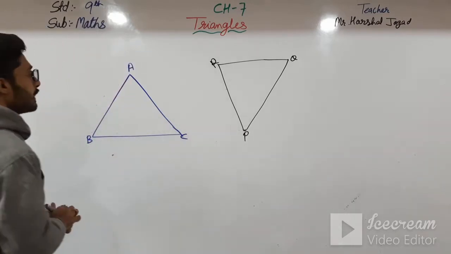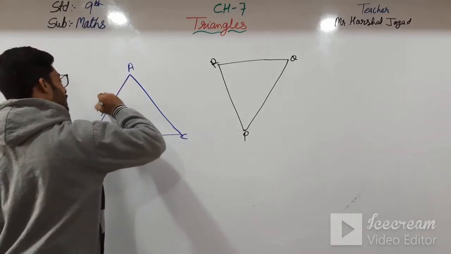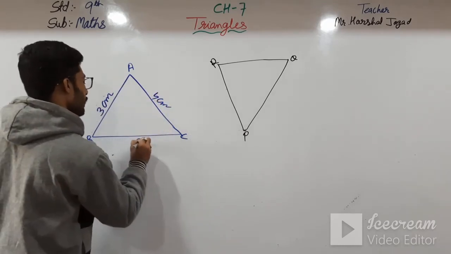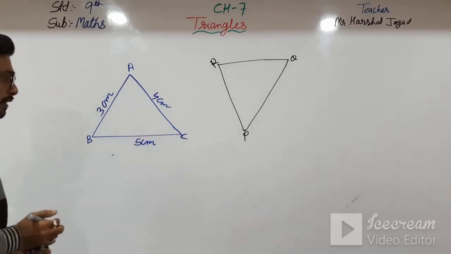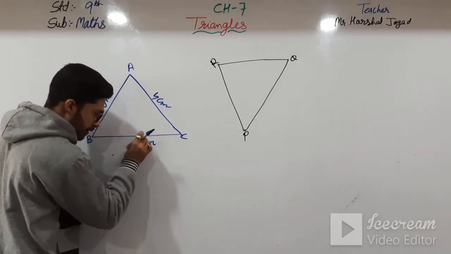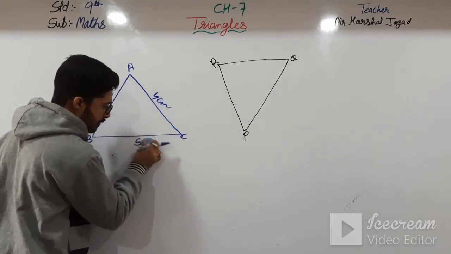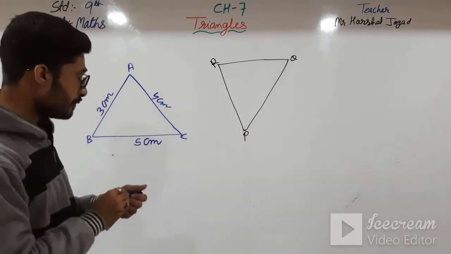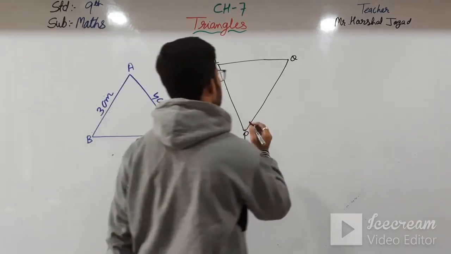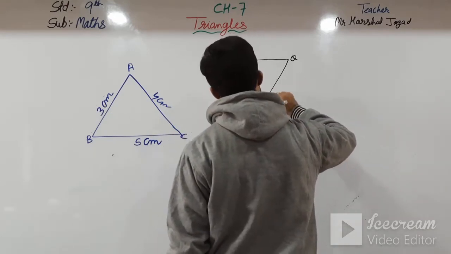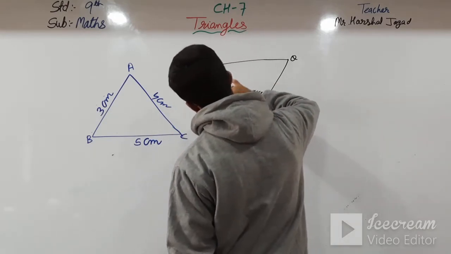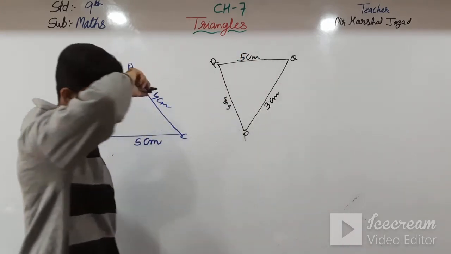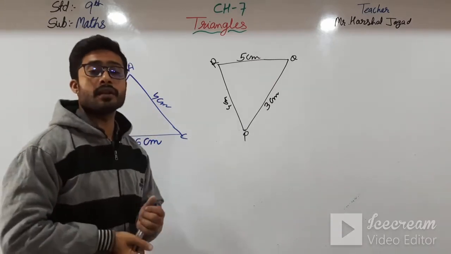If I say this side is 3 centimeters, this is 4 centimeters, and this is 5 centimeters, and in triangle PQR also 3 centimeters, 4 centimeters, and 5 centimeters, are these triangles congruent to each other or not?